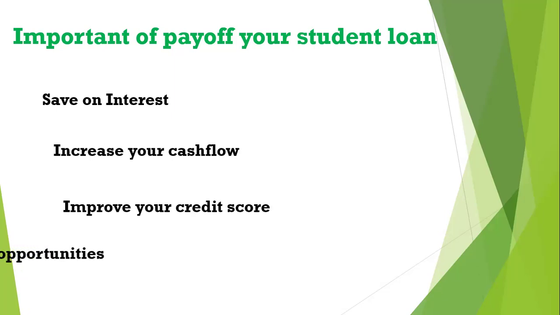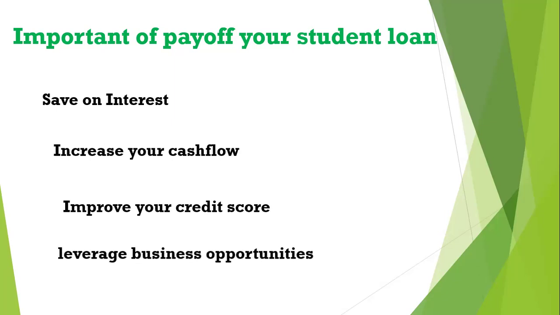It improves your credit score, and you can leverage business opportunities. If you have a good debt to income ratio, people will be willing to lend you money that you can use to make money for you.